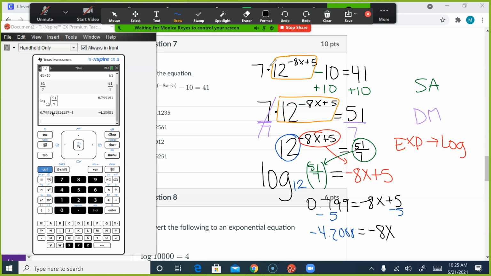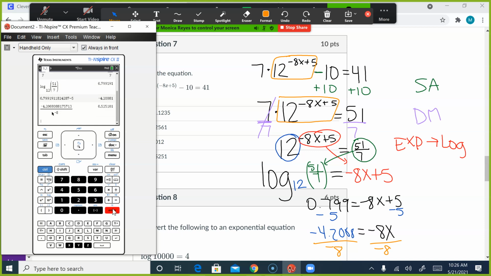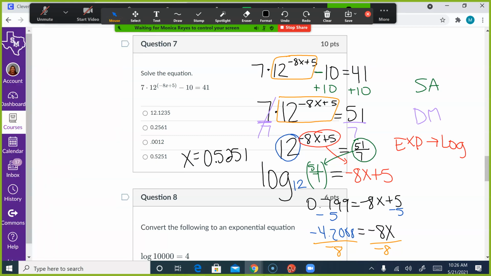All right, so the last step would be to divide by the negative 8. So again, one more time over here. Divide by the negative 8. And we get our final answer. X equals 0.5251. And that's what we want to choose for our answer choice. So 0.5251.